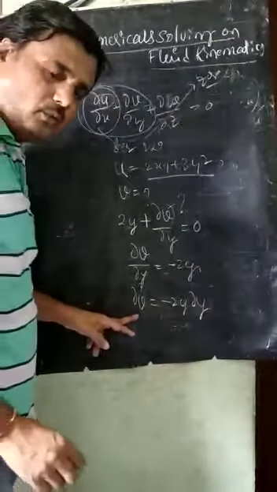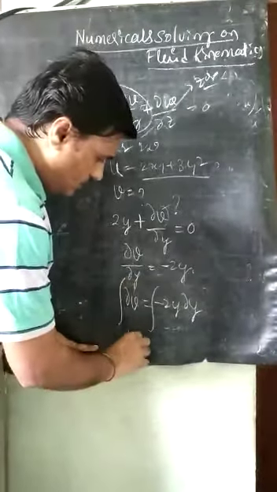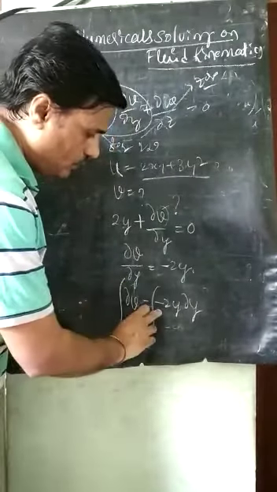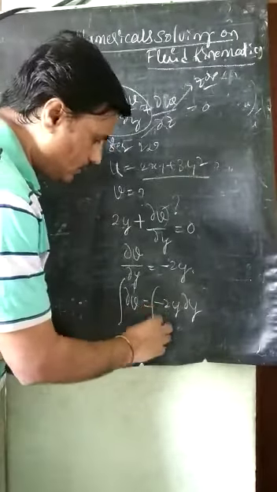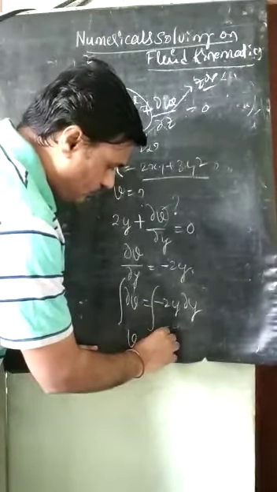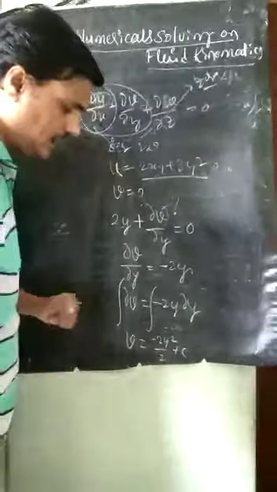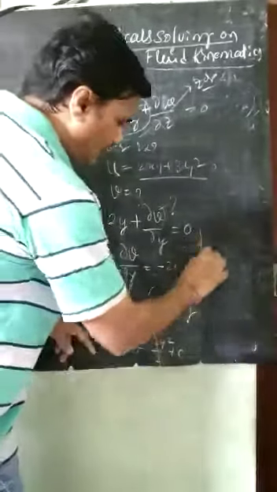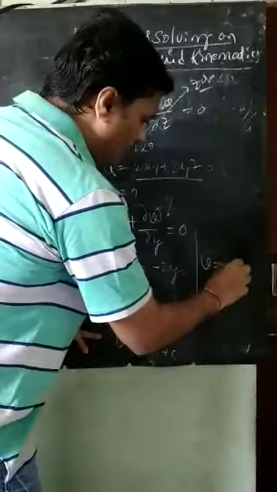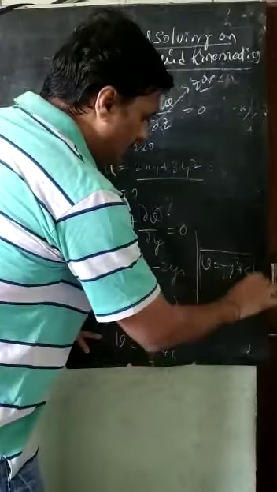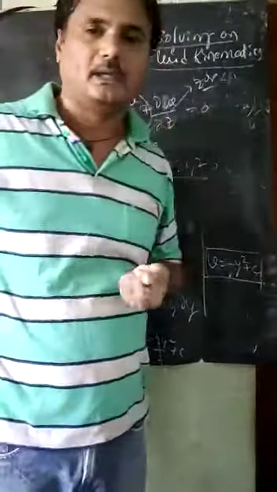To get v we integrate it: v is equal to minus 2y square divided by 2 plus c, where c is the integral constant. The 2 gets cancelled, so v is equal to minus y square plus c. This is the equation for the velocity component v.